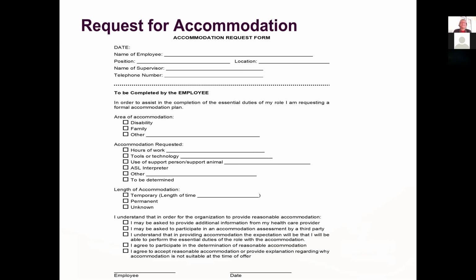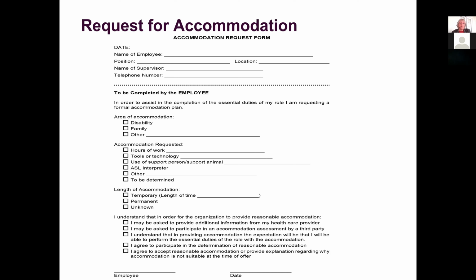So this is just an example of a request for accommodation form. You may have a different process, a different form. You may say the employee just needs to ask, but we've provided this sample of a request form that might come in from an employee, or maybe they're going through an interview and they may say, I need accommodation for an ASL interpreter to be present during the interview, during the testing process, or it may be many different reasons why the accommodation is needed.